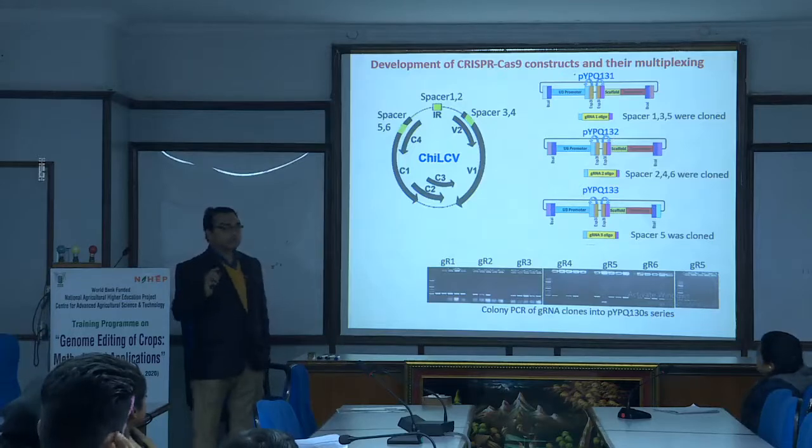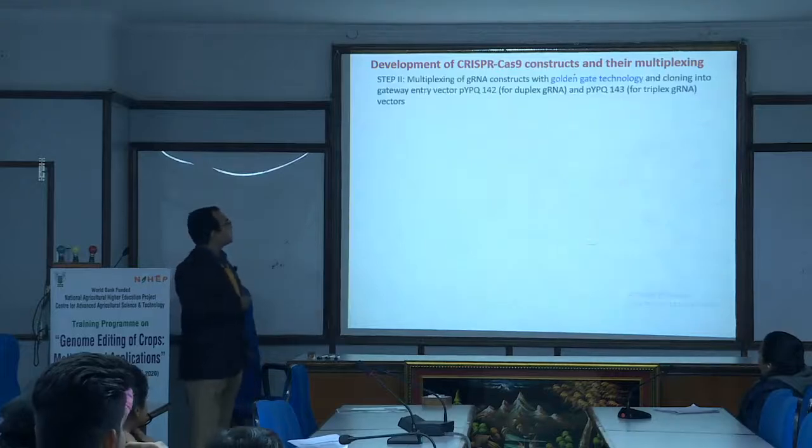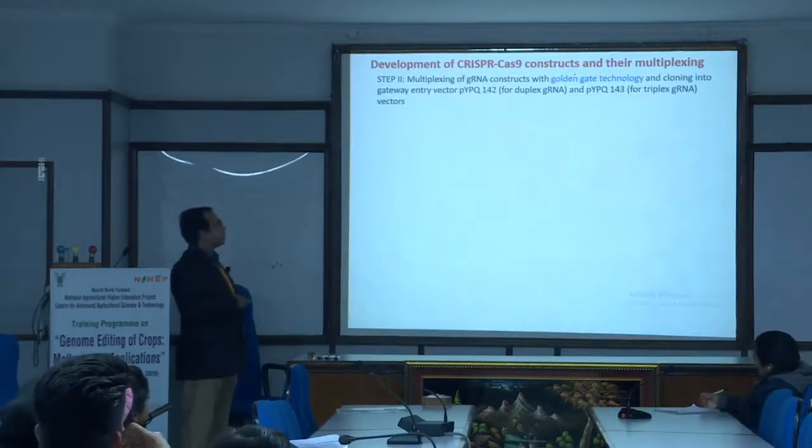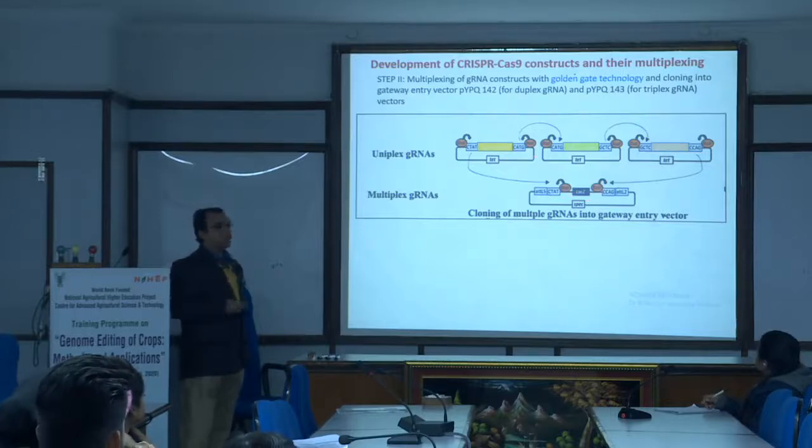So, the construct which gave the perfect sequence we choose for the next step, that is the multiplexing of this gRNA construct through Golden Gate technology. The uniplex gRNAs, individual gRNAs, were mixed together in this second vector, which is called 142 or 143. If it is duplex, then we use 142.